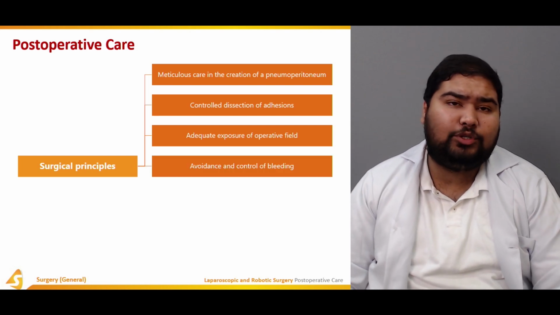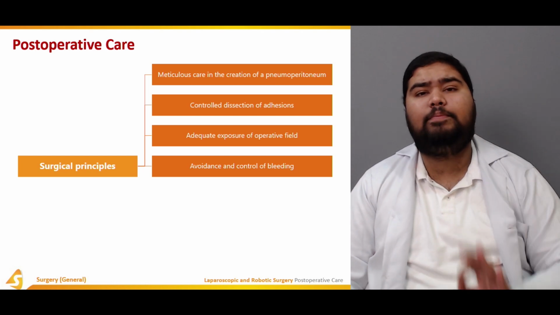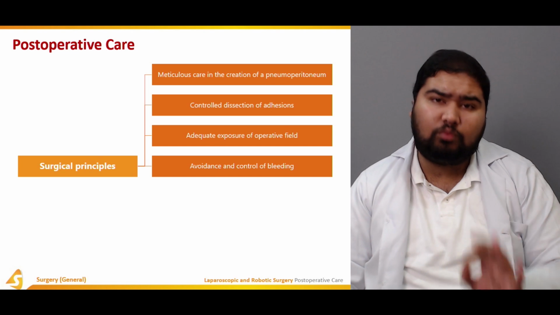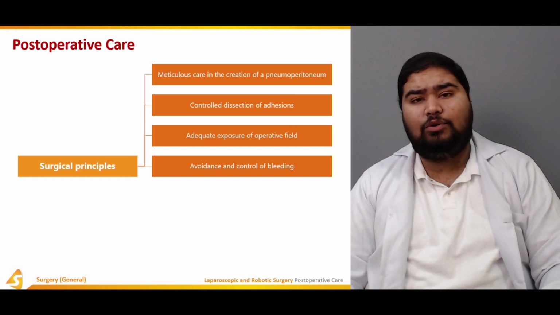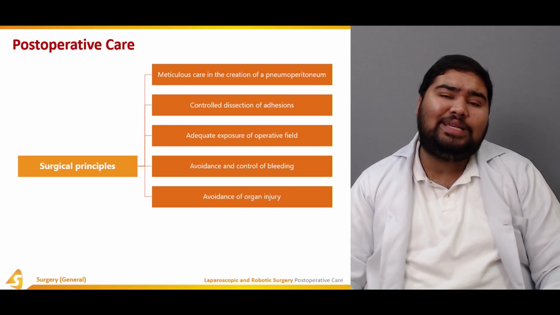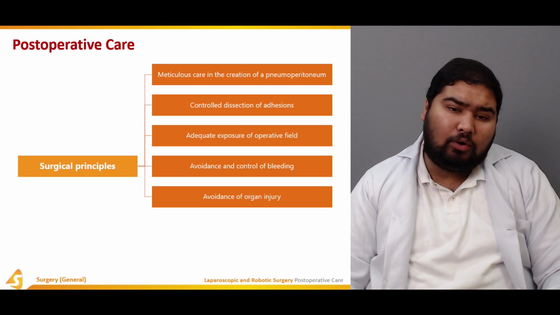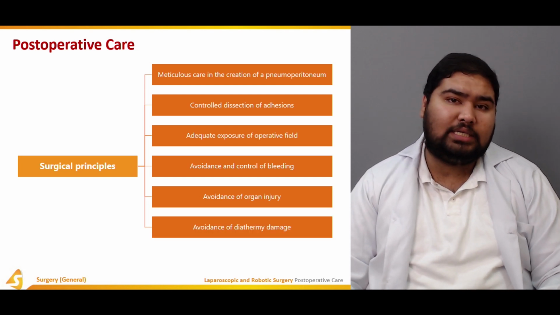Then you should avoid and control bleeding. Avoidance is the main term, so you should try to avoid the process of bleeding entirely and try to control it when it has occurred. Then you should try to avoid any damage to any organ. Then you should avoid diathermy damage.